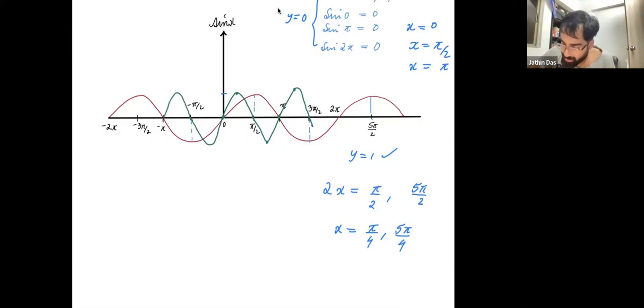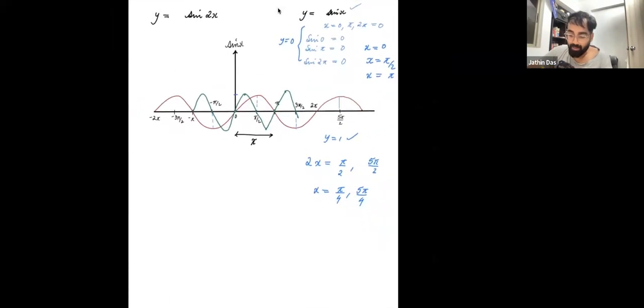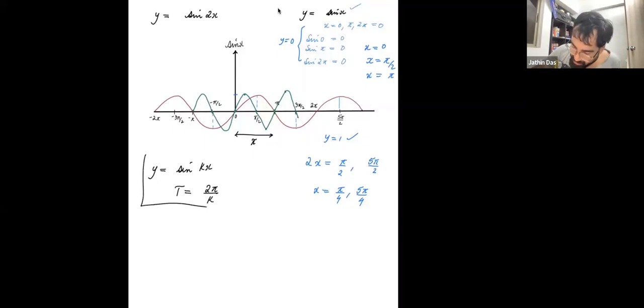So now here you tell me what the period is. It is not 2 pi. Pi is the period. So if you say sine kx, let it be any random k, the time period will be 2 pi by k. This you keep as a note.